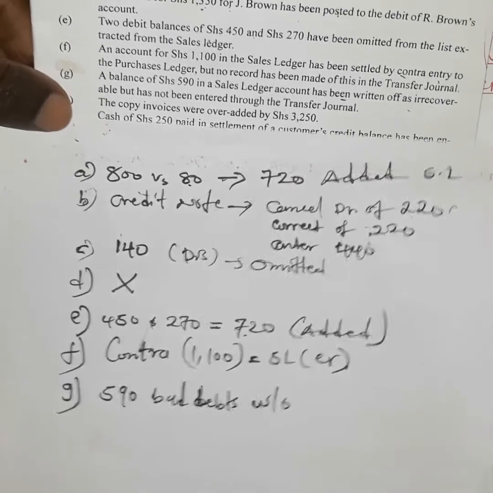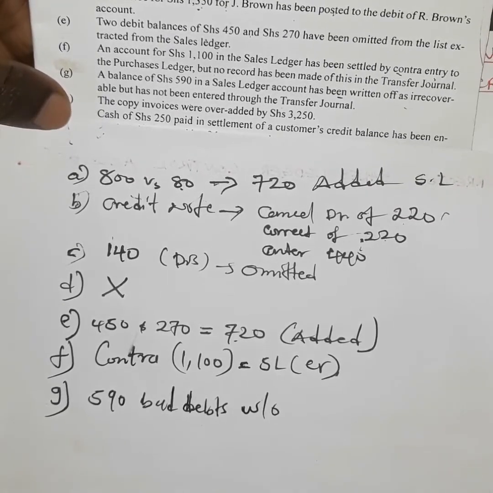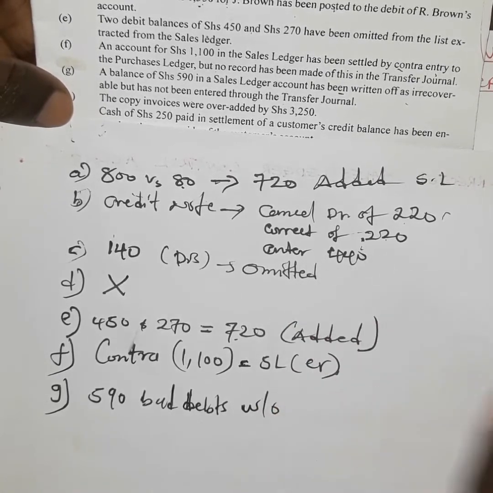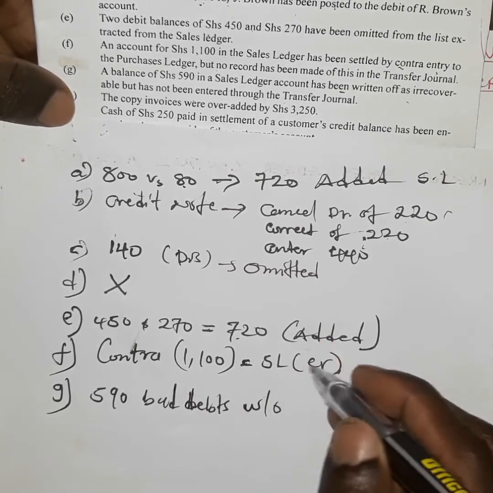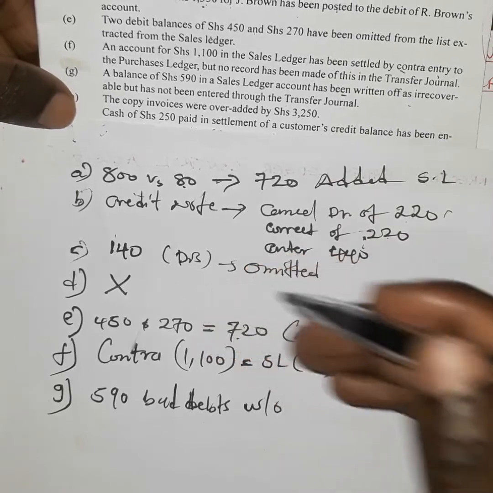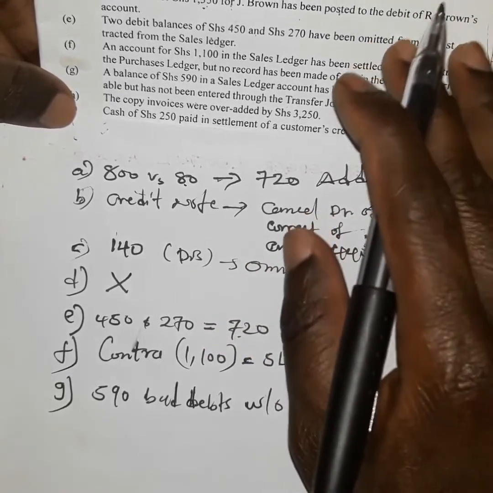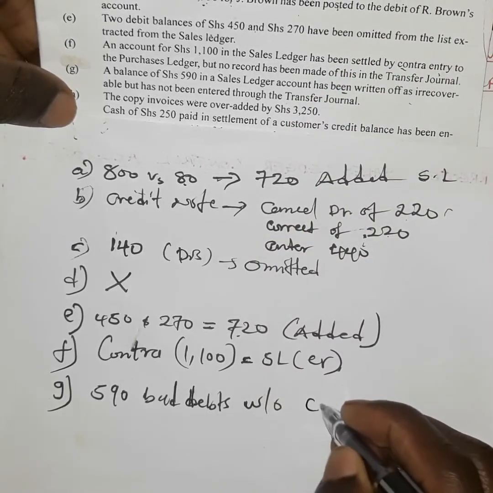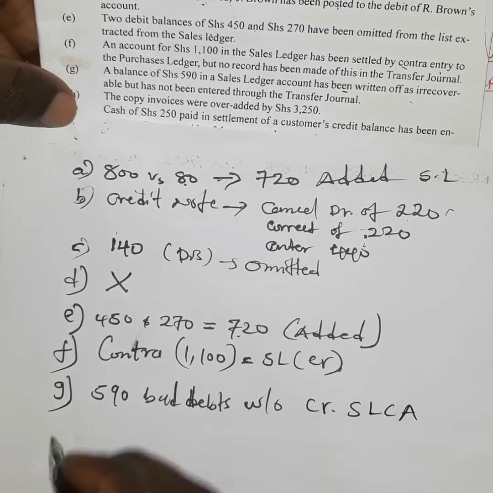This is an amount whose debtors have failed to pay. But now you see it has not been transferred to the sales ledger control account. So it means that this account is supposed to be credited, because it reduces what debtors are supposed to pay. I said any amount that reduces what debtors are supposed to pay is supposed to be credited, and therefore it will be credited on the sales ledger control account.